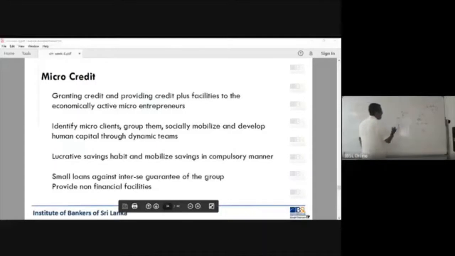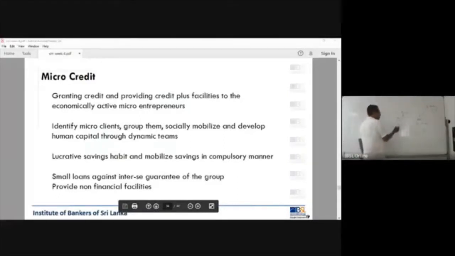This kind of guarantees are called inter-C guarantees. It is there in the handout. That is called inter-C guarantee. If one person does not pay, other two has to pay his rental and collect subsequently. Bank needs all three's money, right?